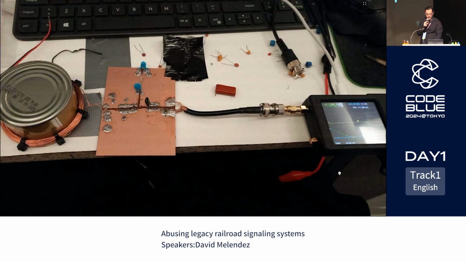But we have to make the two components. So we have a coil and a capacitor and a transmitter. We see with the vector analyzer the frequency response, and we can tune the working range of frequencies.